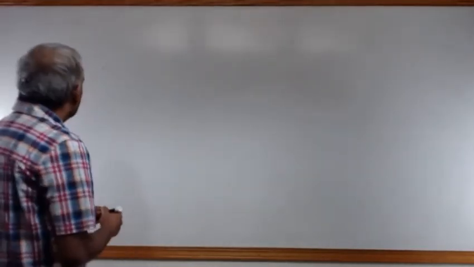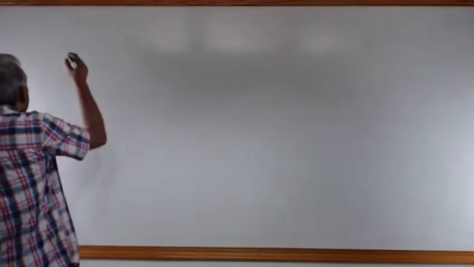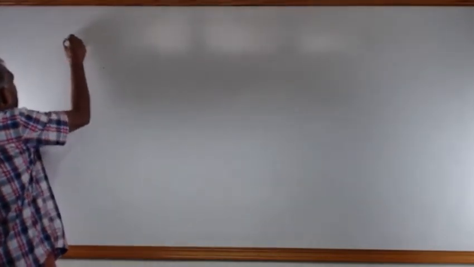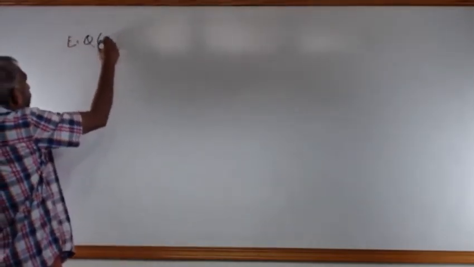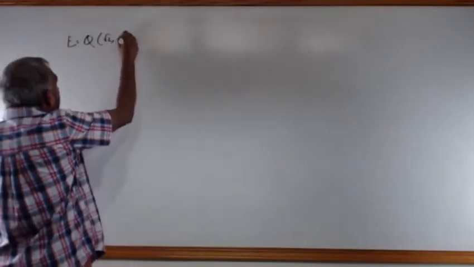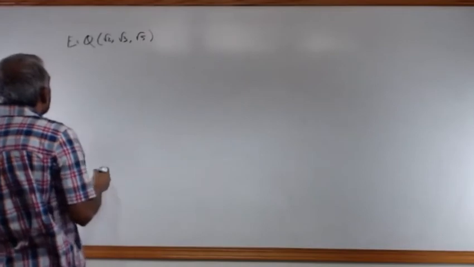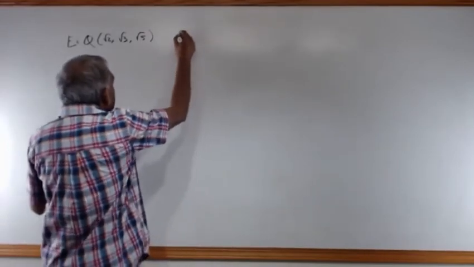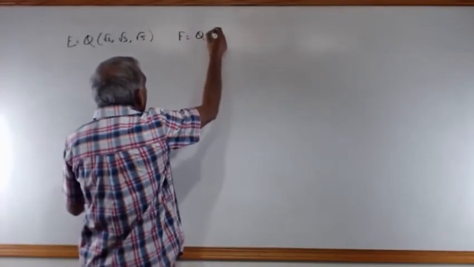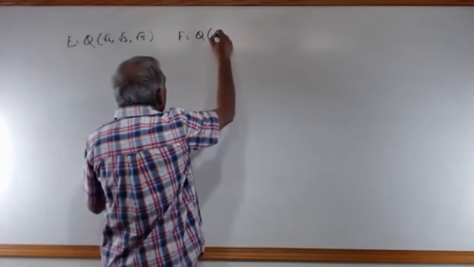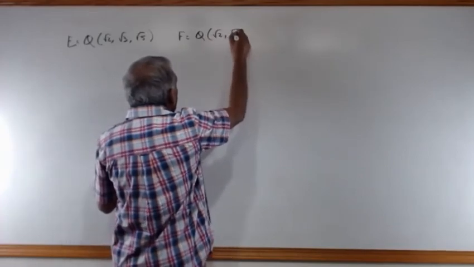We'll do one more example. Let us take E equal to Q of root 2 comma root 3 comma root 5, and our F is Q of root 2 comma root 15.